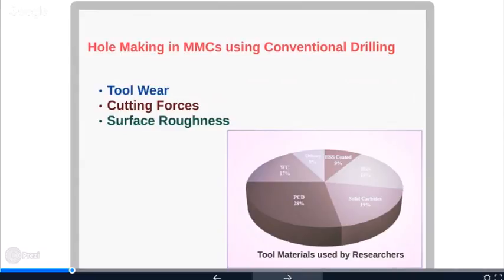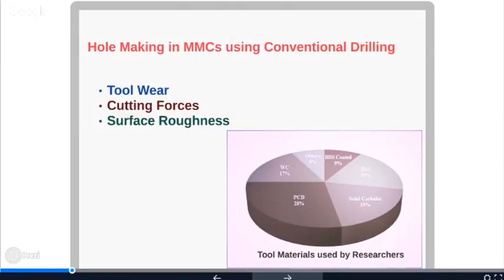Its life in drilling or machining is negligible with high-speed steel, coated high-speed steel or tungsten carbide. Some life is given by solid carbide and polycrystalline diamond.